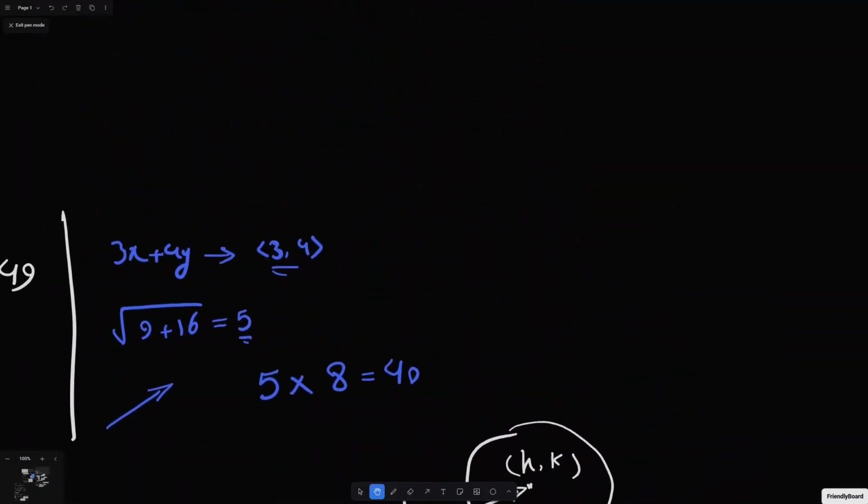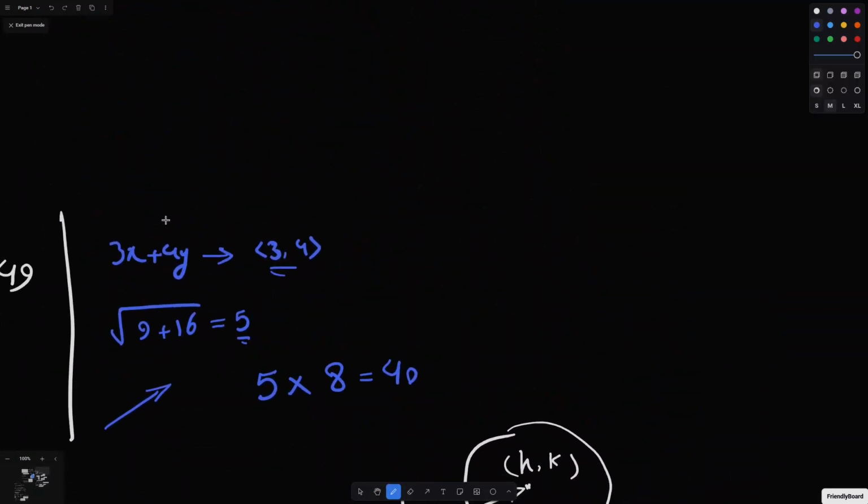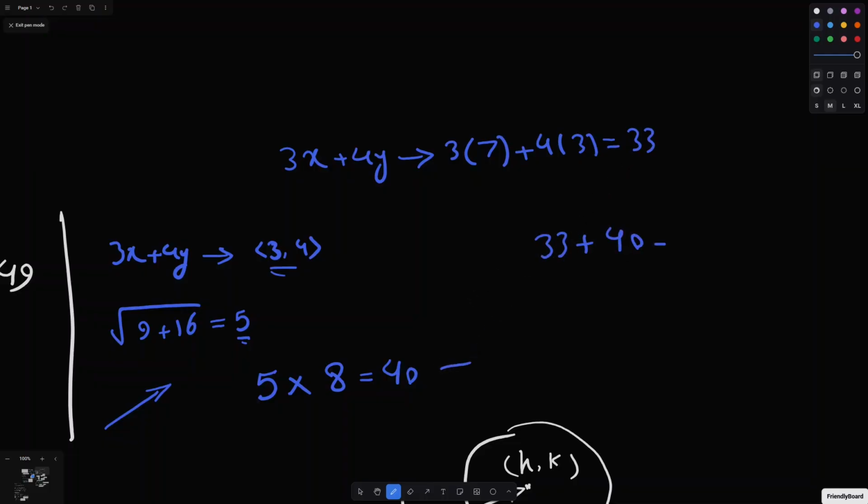And for the 33, all you have to do is say that we have 3x plus 4y. So for x it's going to be 7, and for y it's going to be 3. So this equals 33. And again, as you can see, we have 33 plus 40, which is 73, and that is the maximum.